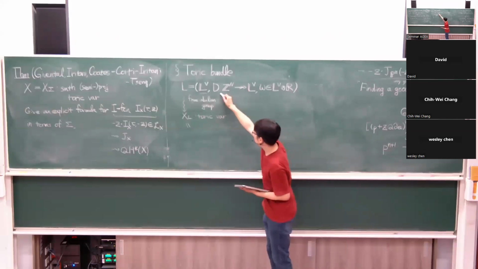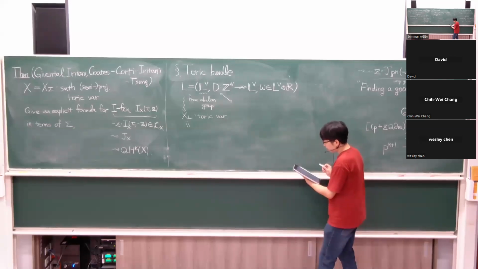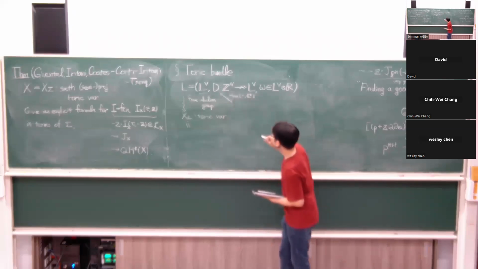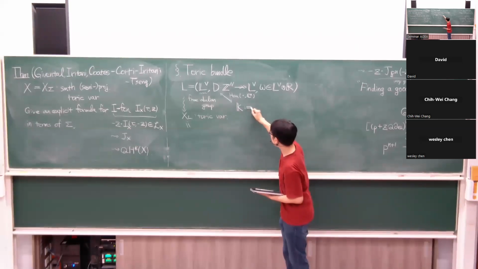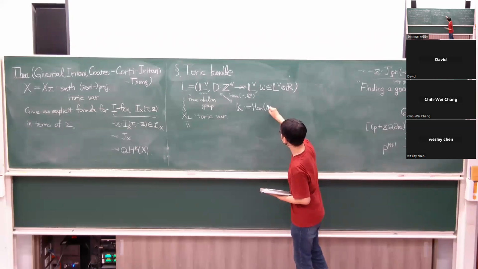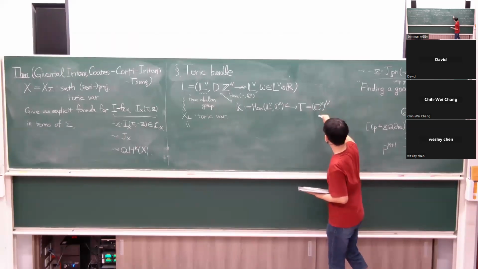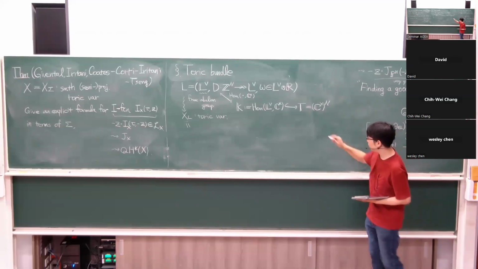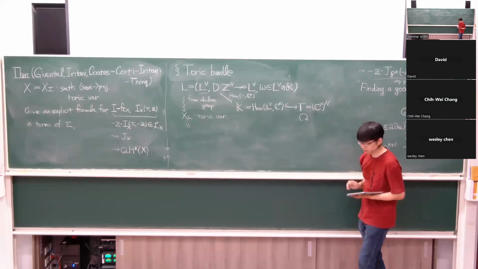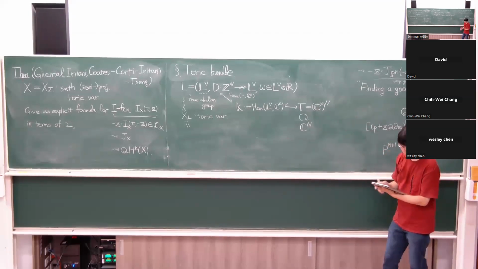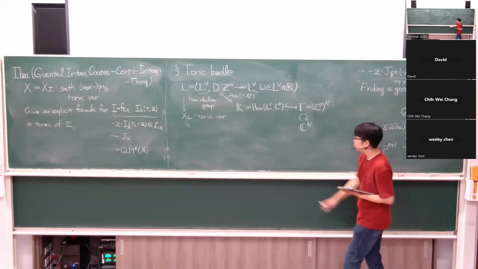By taking the dual of D, we obtain a subtorus K of the torus T of dimension n, and T naturally acts on C^n by diagonal action. So K also acts on C^n.